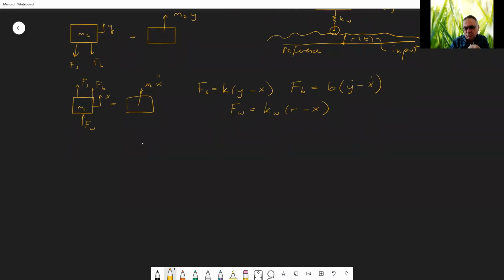I try to write it in a compact form. Summation of forces equals MA for M1 and M2.